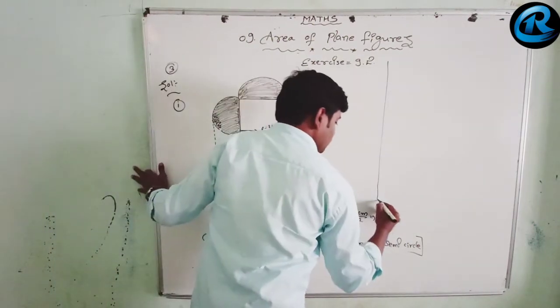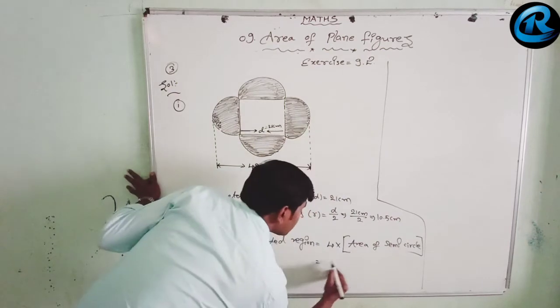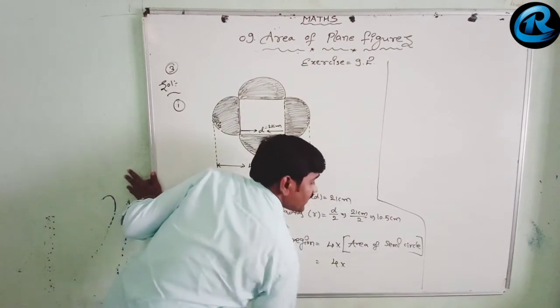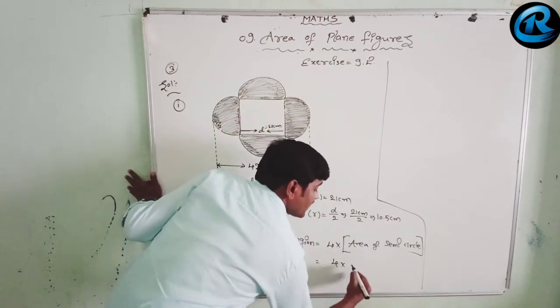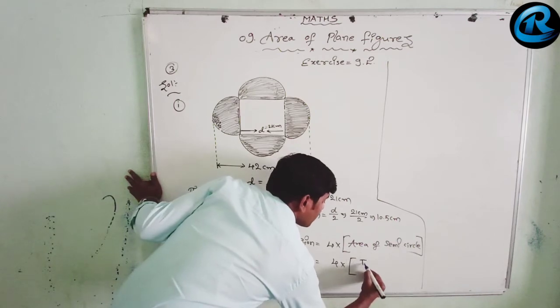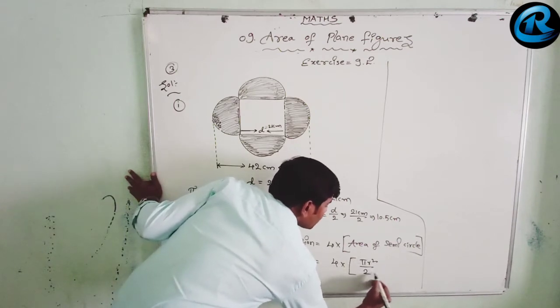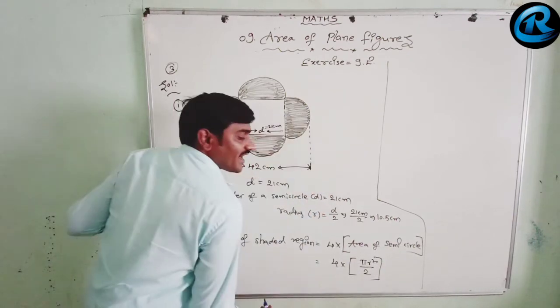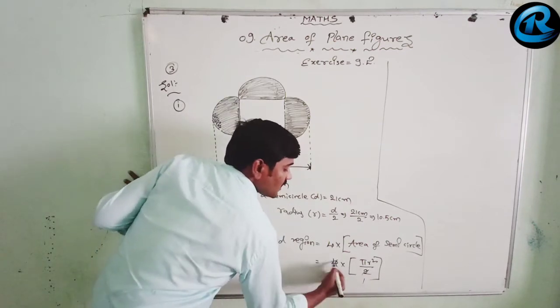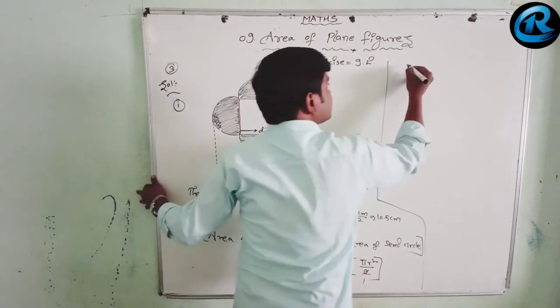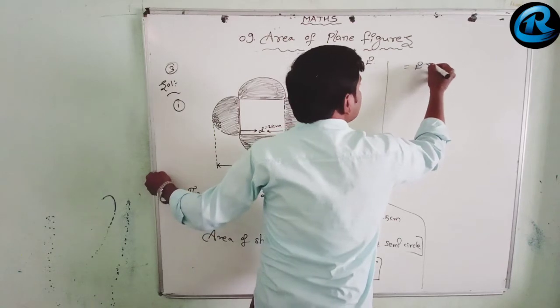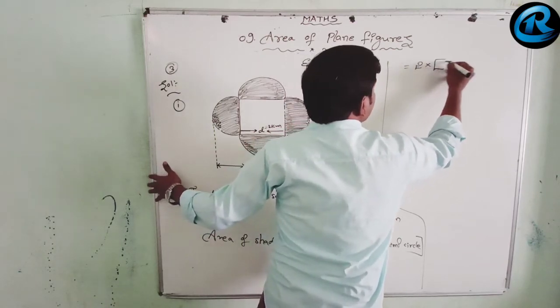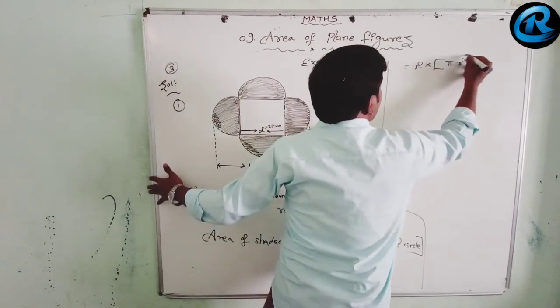Let us apply the formula here. 4 into area of semicircle. Area of semicircle formula is pi r square by 2. 2 ones are 2, 2 2s get cancelled. So remaining, let us write 2 into pi r square.